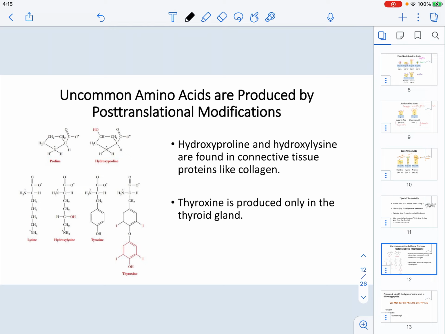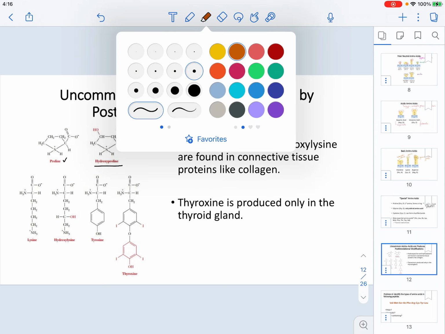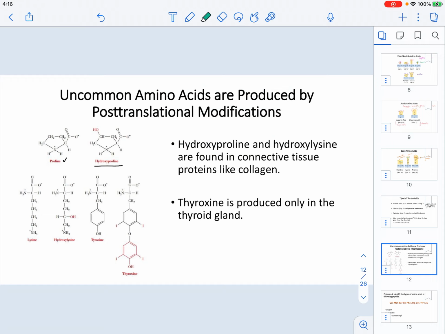To talk about the ones that have been observed so far, we have hydroxyproline. As you can see, the difference between proline and hydroxyproline is that, when we look at the ring system, in hydroxyproline, at the second carbon from the side chain, we have a hydroxyl group.